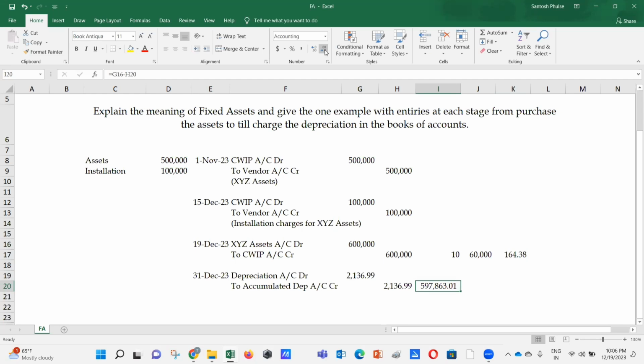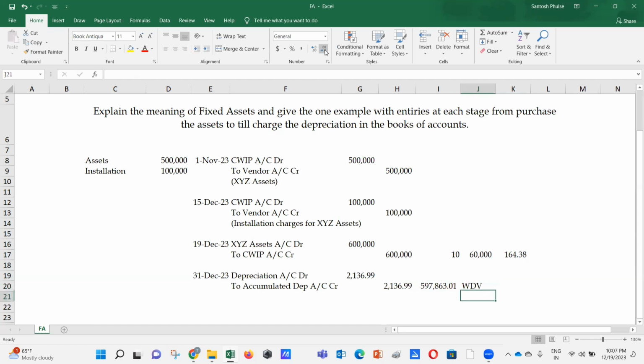Okay, my doubt is, in December we have passed this entry for depreciation, right? And for January we have to pass it. So, we have to charge depreciation on that amount, 5,97,000, right? No, if you are following the WDV method for depreciation, that's the written down value, then yes, you are going to charge the depreciation on this 5,97,863.